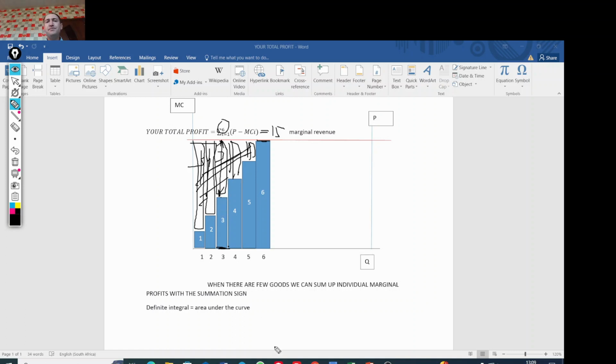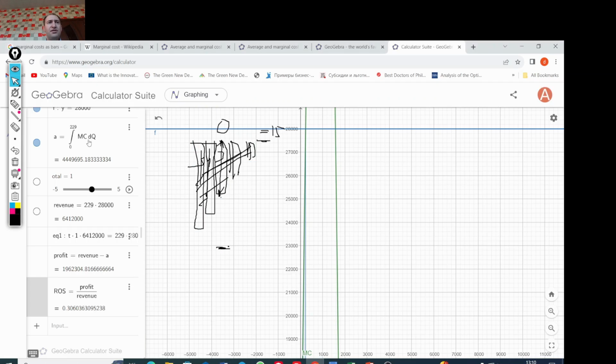And by implication, when we have many numbers, instead of summing unit areas, we can split the area above or under the curve into tiny intervals, and that we did in GeoGebra with you, right? In GeoGebra, we did integral to find the area under the curve. Instead of using the summation sign like before, now we are using the sign for definite integration.